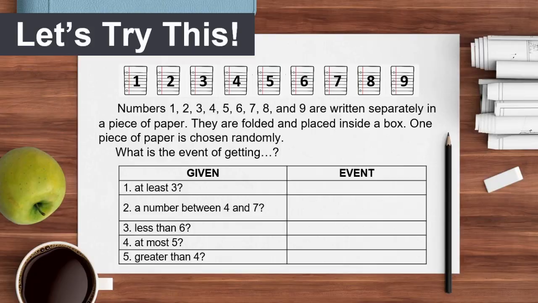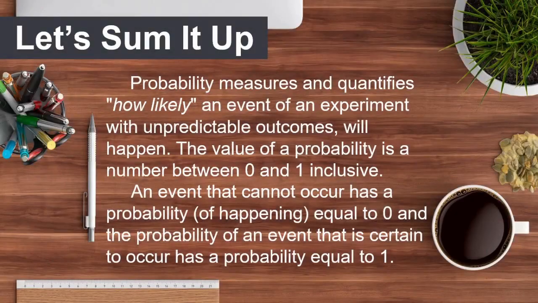Okay. So before the questions, let's sum it up. Probability measures and quantifies how likely an event of an experiment with unpredictable outcomes will happen. So the value is between 0 and 1 inclusive. So 0 is included.